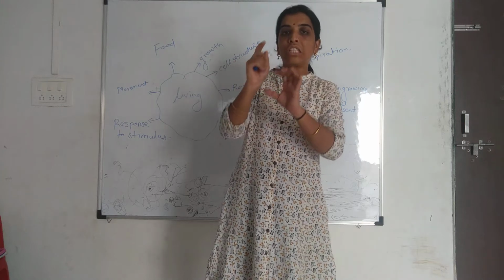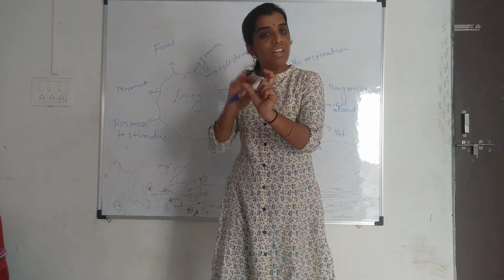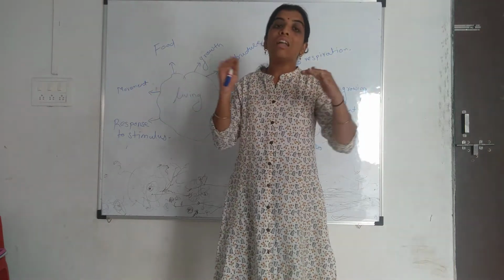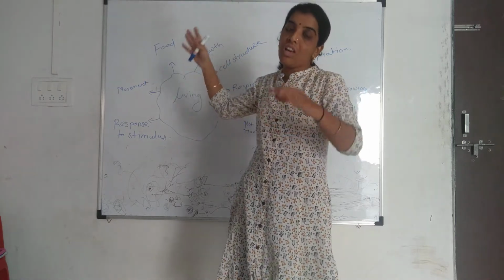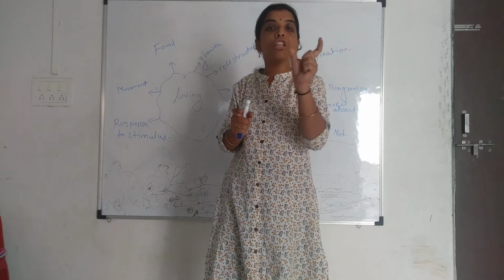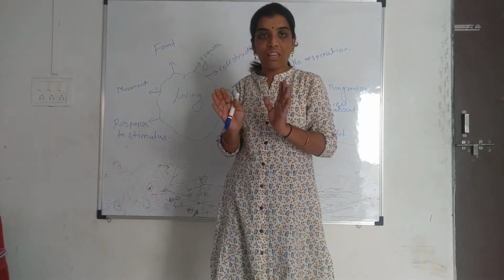There are some insects which live for 14 days, 15 days. After that their life cycle is over, isn't it? There are some plants which live for hundreds of years. The lifespan of a human being is also on average 60 years, isn't it?